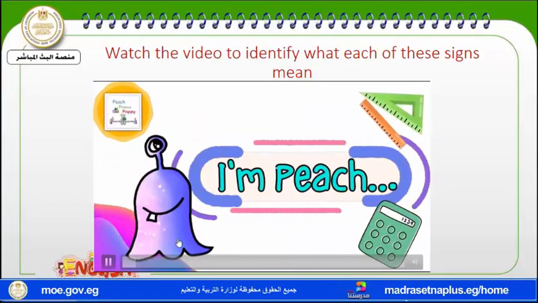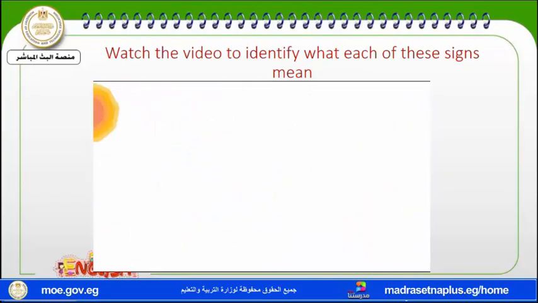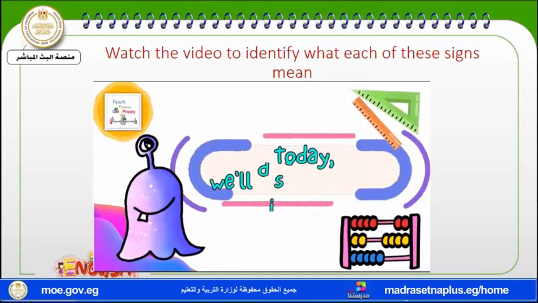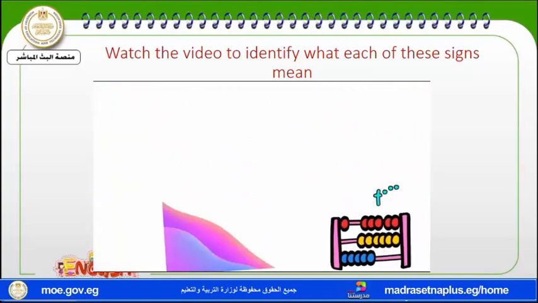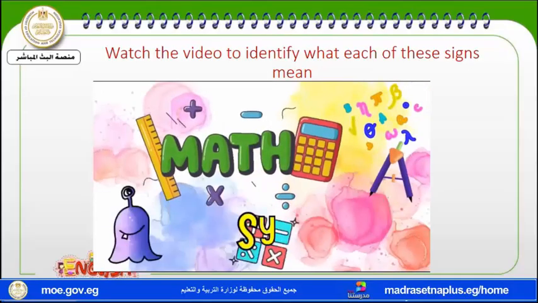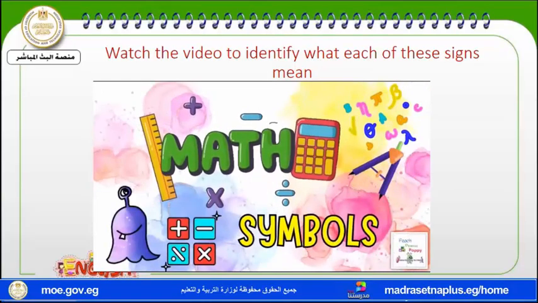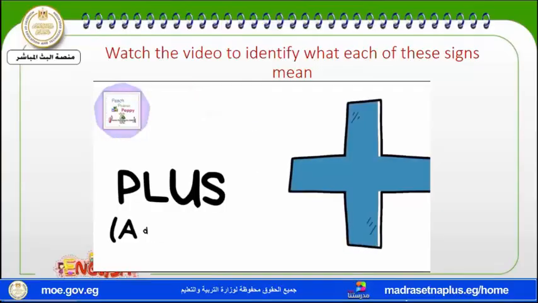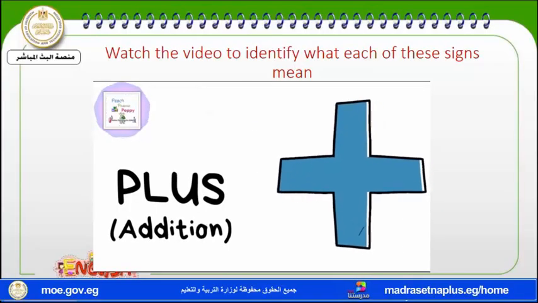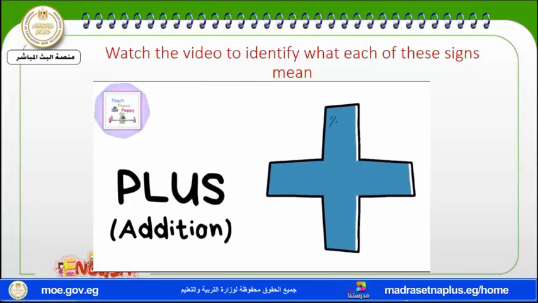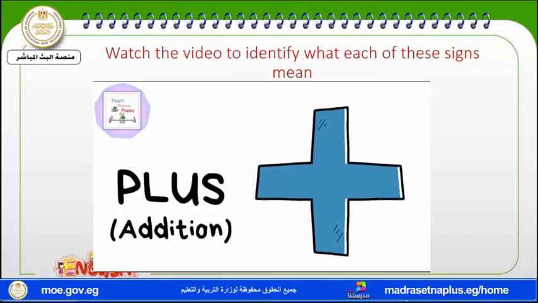Hi, I'm Peach. Today we will discuss the different mathematical symbols. Part 1. First we have plus, which is also called the addition sign. Plus.